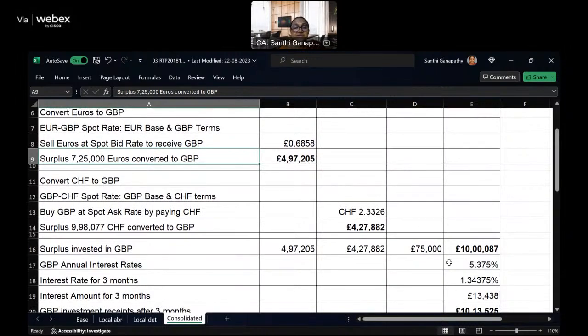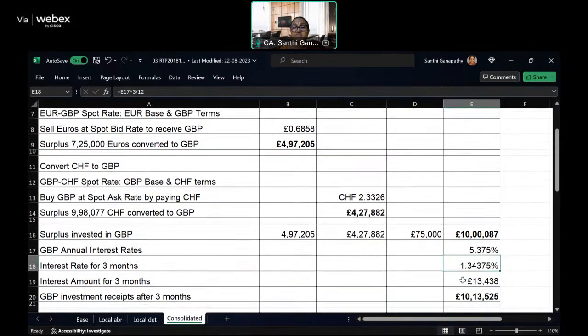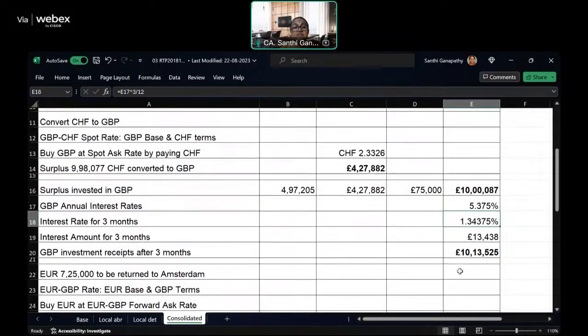so annual interest rate we need for 3 months. So what is the interest amount? So how much will be the investment receipt?